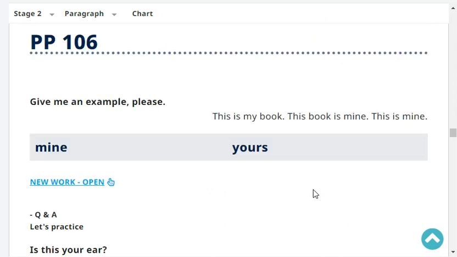Give me an example. This is my book. This book is mine.